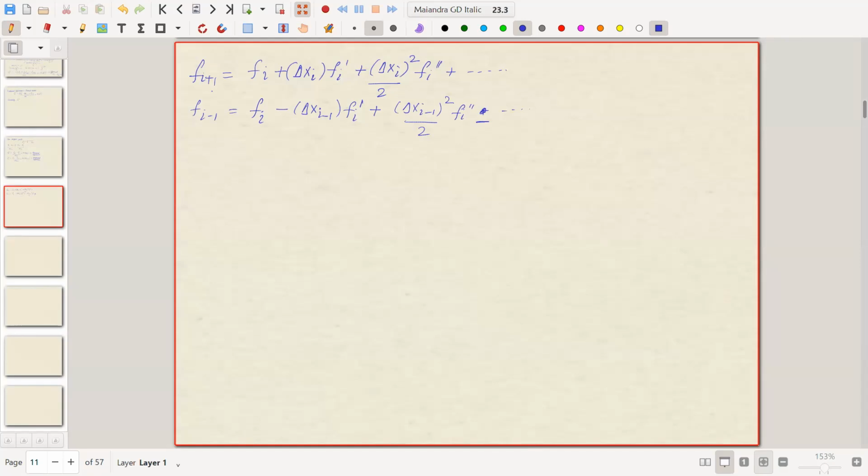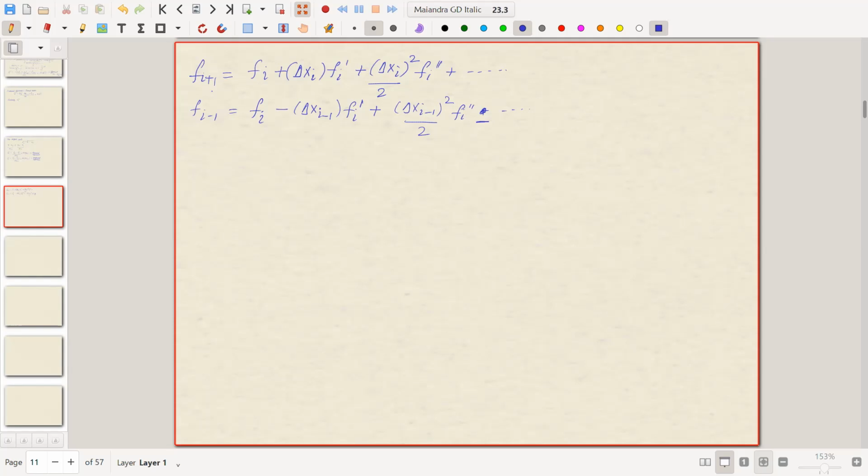Okay, so what should I do next? Add. Yes, he has gotten the idea a bit. Now we need to subtract. Addition or subtraction depends on what we want to find.